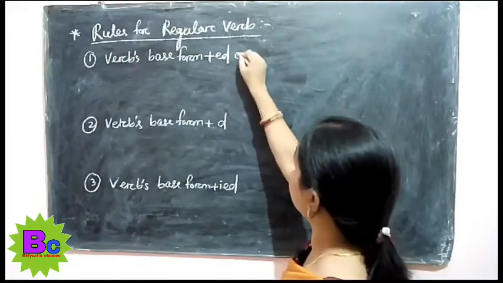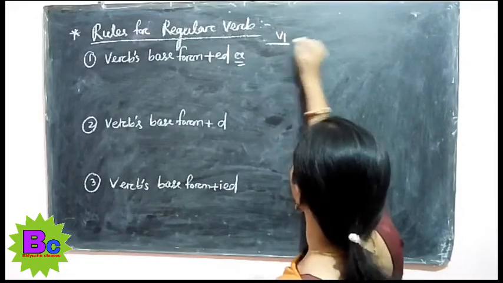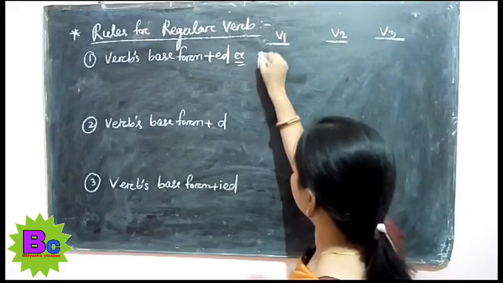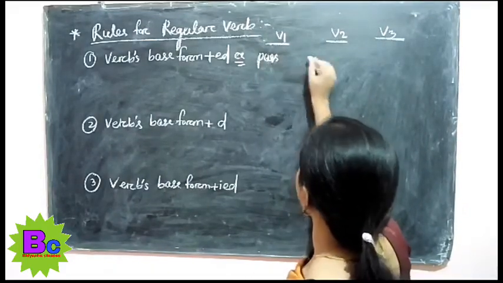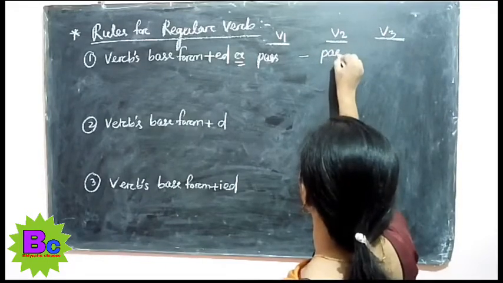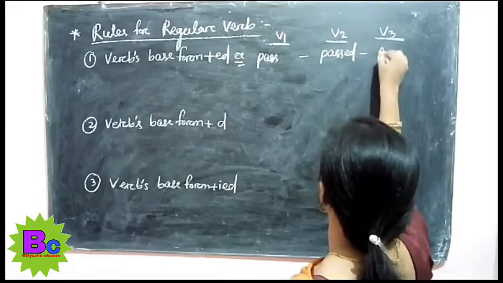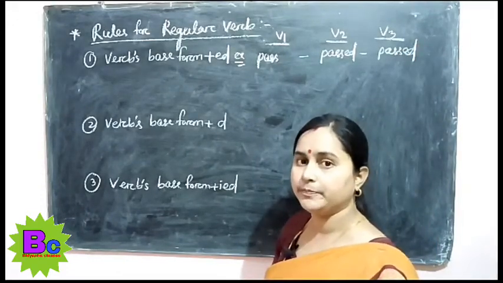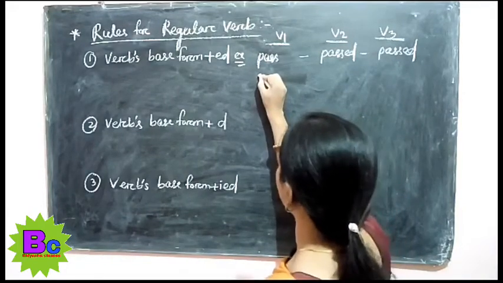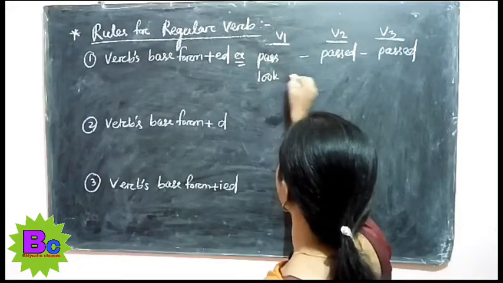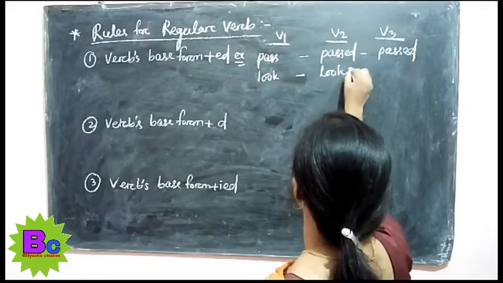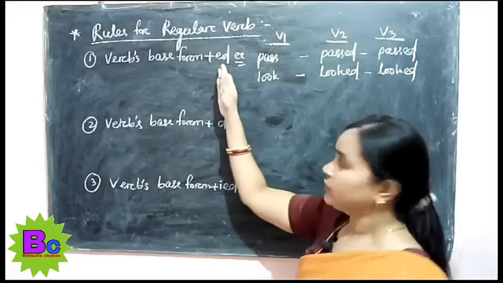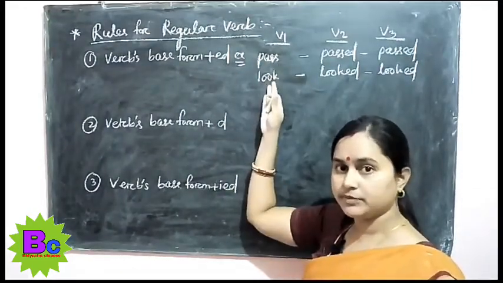For example, V1, V2 and V3: pass, passed, passed. Similarly, we can take another example: look, looked, looked. Look here, we add ed to the base form of the verb.